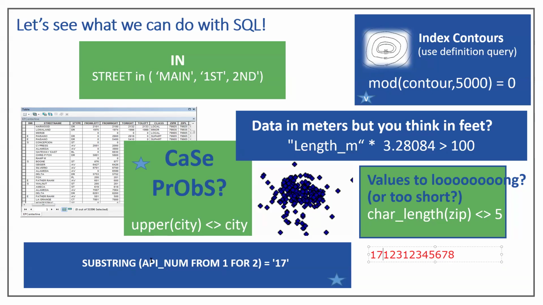So I'm taking substring of the API number column from character 1 for 2 characters. So start in position 1, grab 2 characters, and see if that's equal to 17. And if so, I want that record.